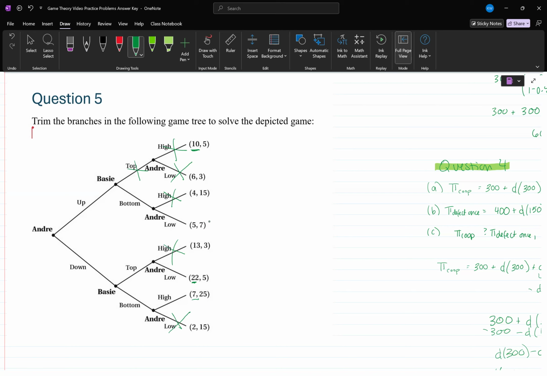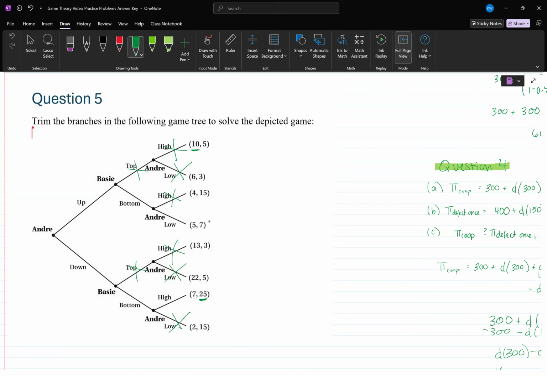Next, now we want to look for Basie. Is she going to choose between top or bottom, knowing that Andre will play low when she plays top and play high when she plays bottom? Her payoffs are the second listed, and we can see very clearly she's going to prefer that 25 to the 5. So we're going to trim the low and top branches and see that Basie will play bottom when Andre plays top.